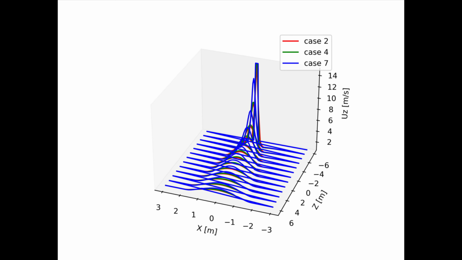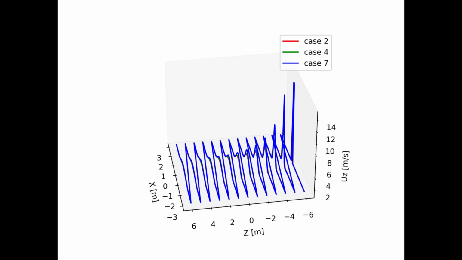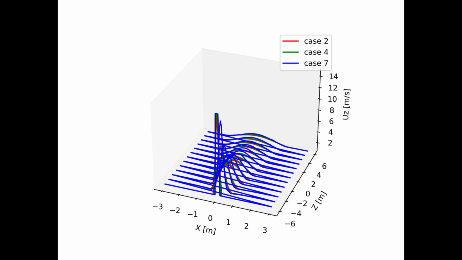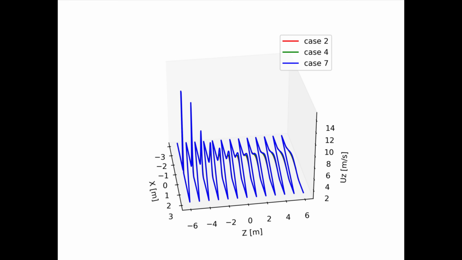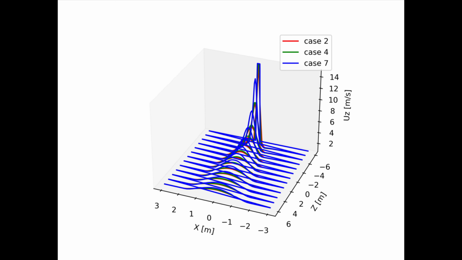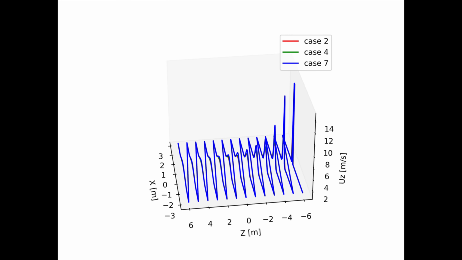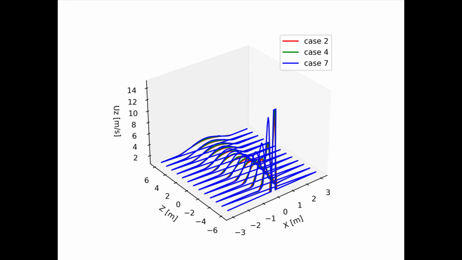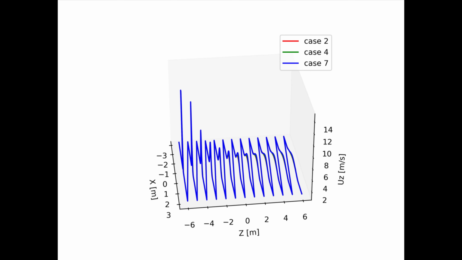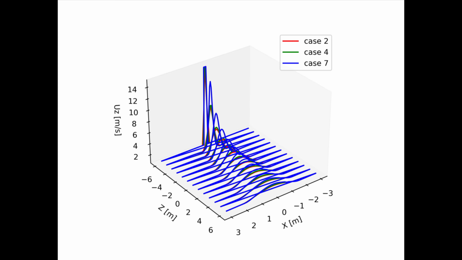But you can see from the velocity profiles that cases 2 and 4 have much more similar results than that of case 7. This is because the adaptive mesh refinement performed on case 7 actually makes the results more similar to a case with around 9 million cells. These results really show the power of adaptive mesh refinement.